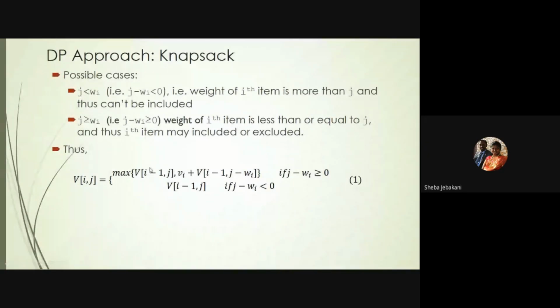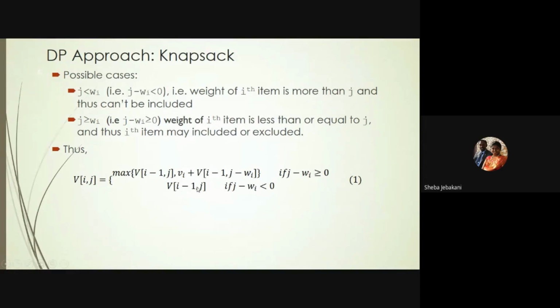That is two cases. If I'm including the ith item, j minus Wi, if it's greater than or equal to 0, then I will include that particular object in my knapsack. If it is less than 0, then I will not include that object in the knapsack.